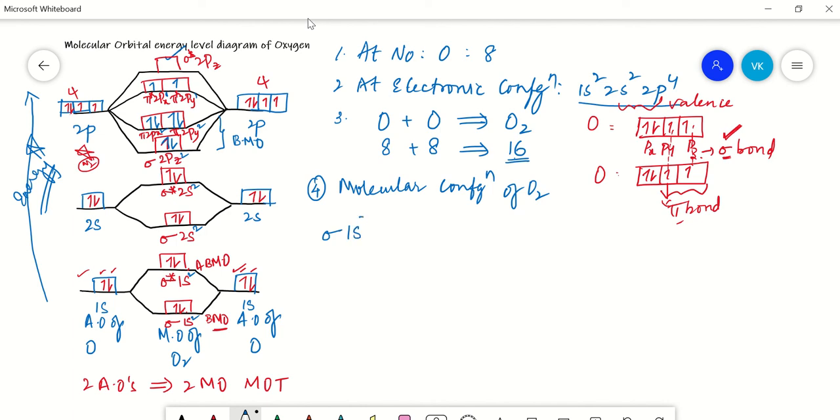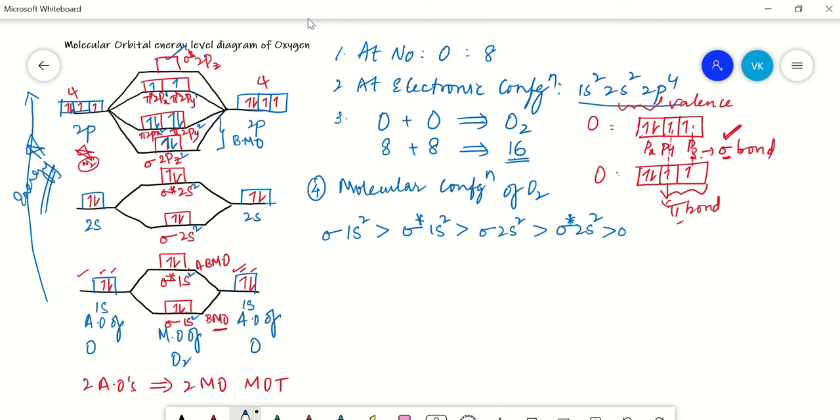Yes, now we'll start writing it here. Sigma 1s2 is greater than, because the energy here is lower and it is the most stable one, I am writing it as stability. According to stability, it is more stable than sigma star 1s2, right? And this is more stable than sigma 2s2. Then this is more stable than sigma star 2s2, right?